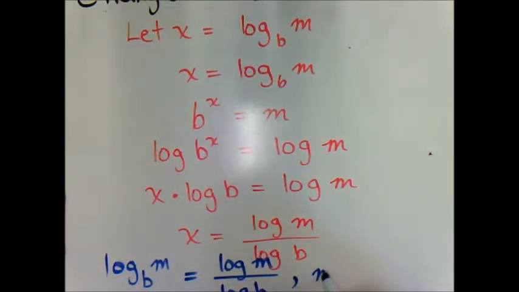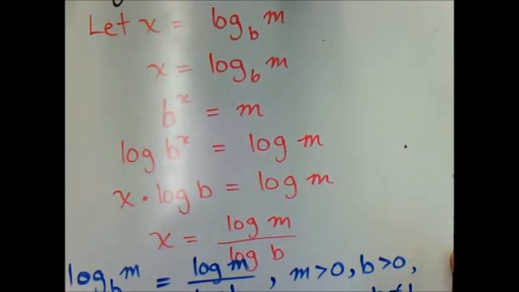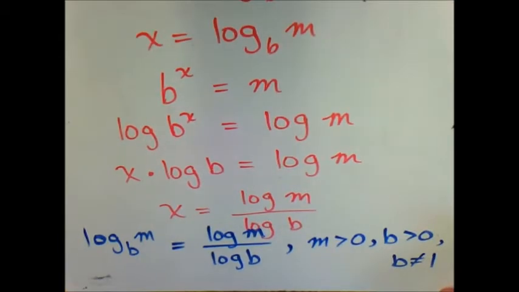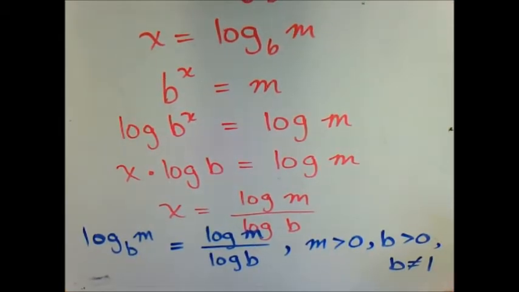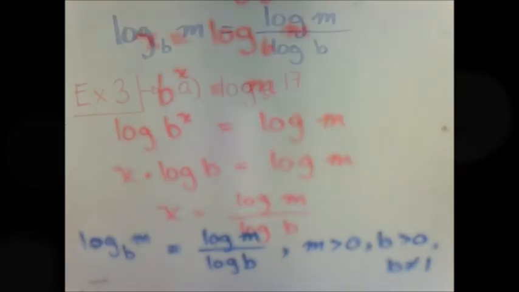In order for this to work, m must be greater than 0, b must be greater than 0, and b cannot equal 1. Oh, I'm off the page here and I can't get it on. There you go. The log of m to the base b is equal to the log of m over log b, where m is greater than 0, b is greater than 0, and b cannot equal 1.